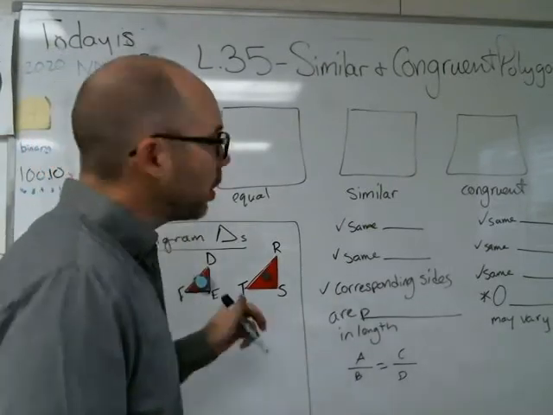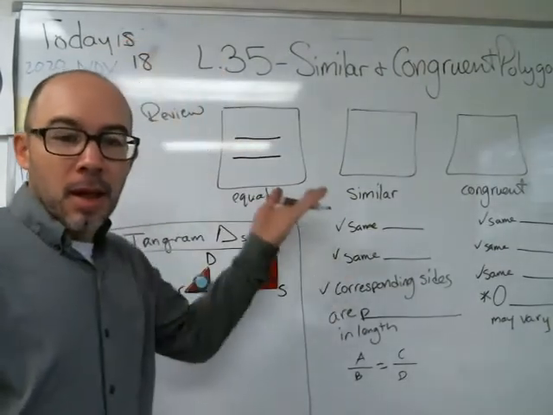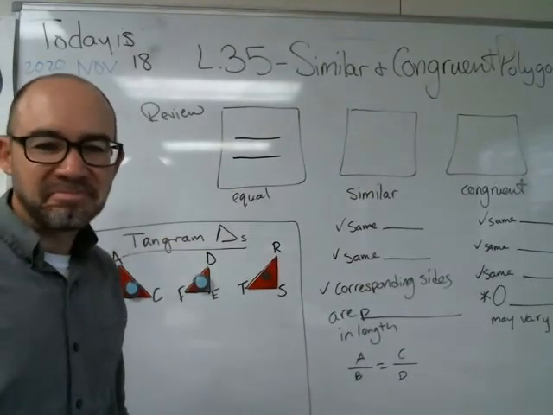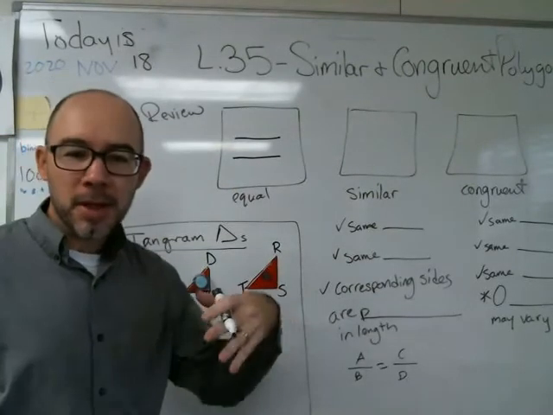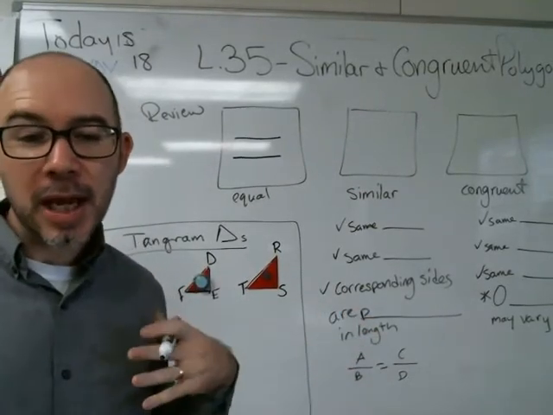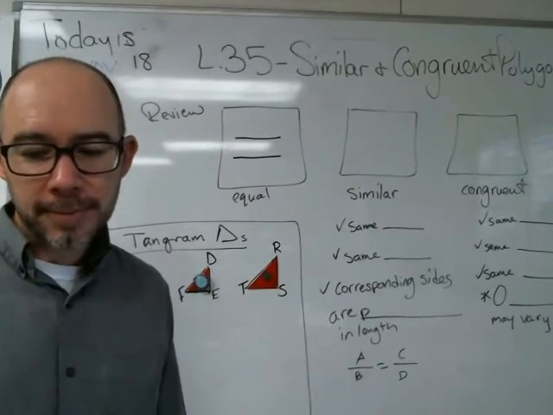So, symbols. My friends, that is the symbol for equals. It could be numbers that are equal to each other, or expressions that are equal to each other, or today, sides or angles that are equal to each other.